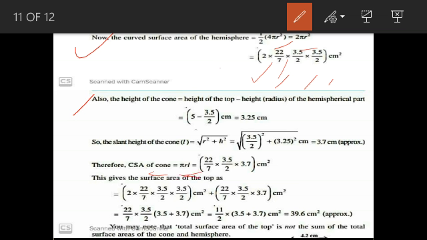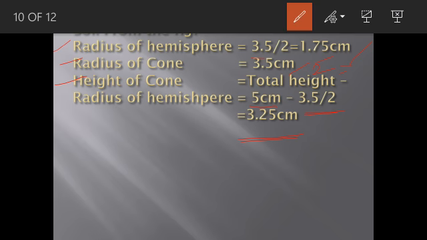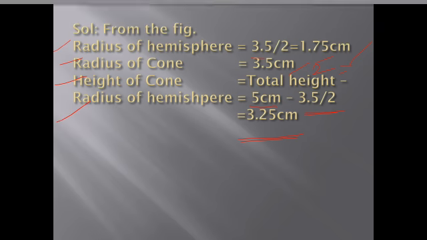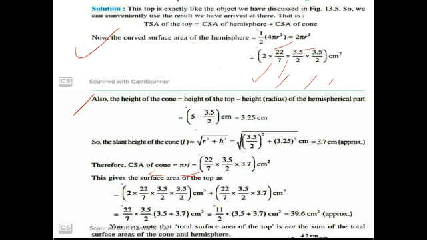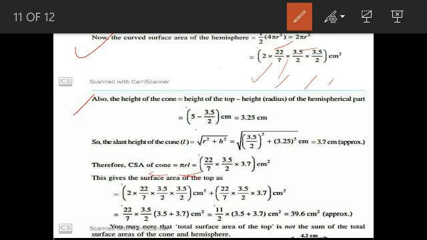For this slant height we have calculated the height of the cone as I have discussed here, and for finding this slant height we need to apply the Pythagoras theorem, right? So here we have applied the Pythagoras theorem.